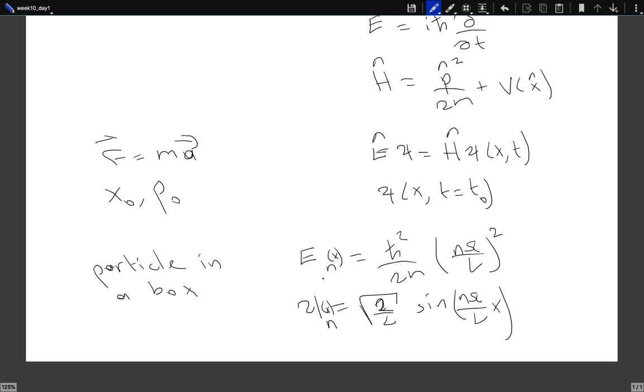So if you measure the energy of your particle and you found that the energy was given by this expression for a given value of n, then you know that the wave function of your particle is given by this.